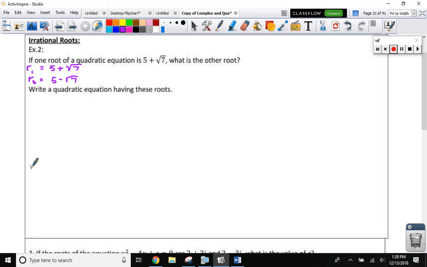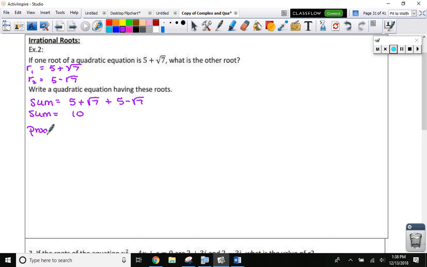Good. So now what are we going to do? Find the sum, which again is not bad here. My sum is 10.